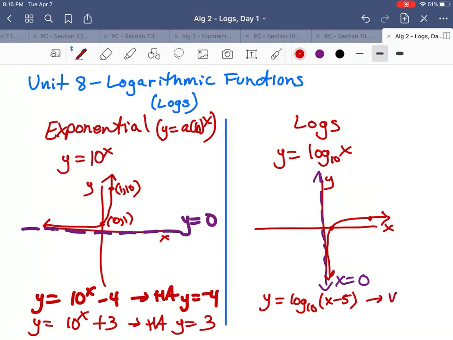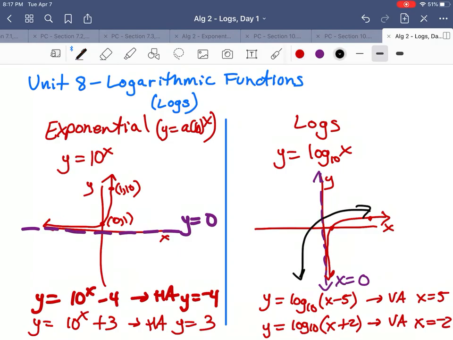So my new vertical asymptote would be x equals 5. And if I had y equals log base 10 of x plus 2, my new vertical asymptote would be x equals negative 2, because this whole graph would move to the left 2 places, and there would be my new vertical asymptote.